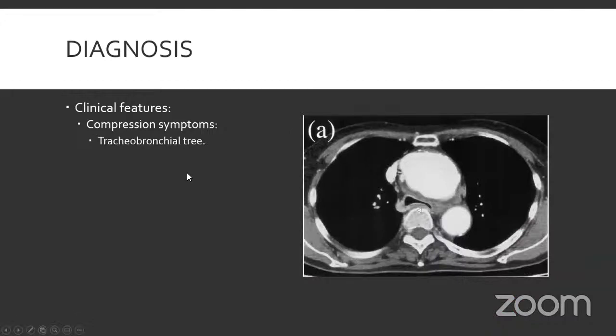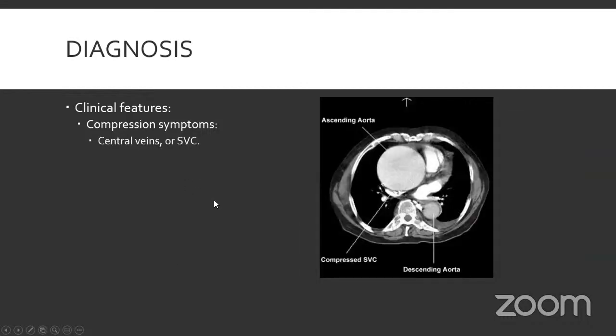When the tracheobronchial tree is compressed, sometimes the patient will have different infections, respiratory infections, or shortness of breath. Sometimes the aorta can compress the SVC, leading to the well-known superior vena cava syndrome, with the patient having upper limb swelling, plethora, and whatnot.